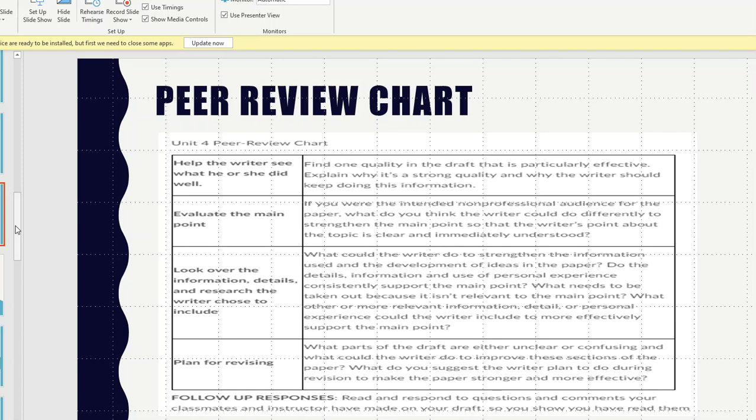But this chart gives them specific targeted information to look for, to help the student's classmate to see what they did well, for example, to evaluate the main point specifically, to look over the information and the details that the writer has chosen to use and whether or not it works, and then to give the classmate a little bit of a plan for revising.